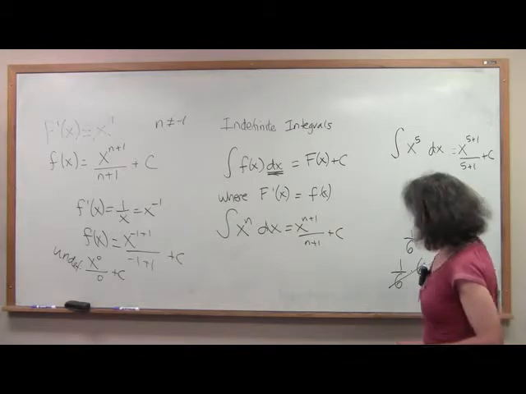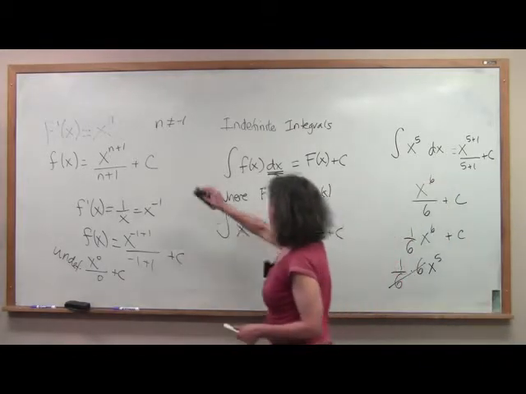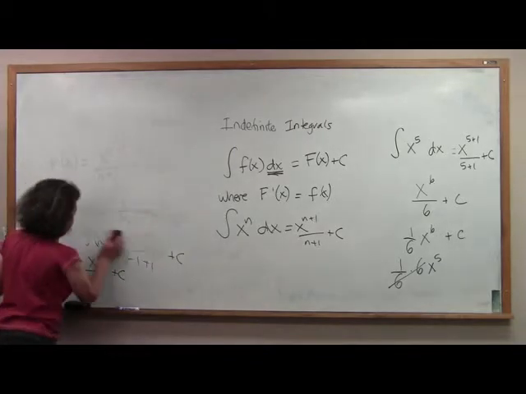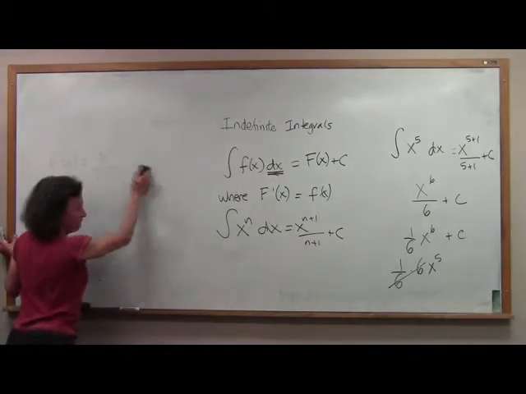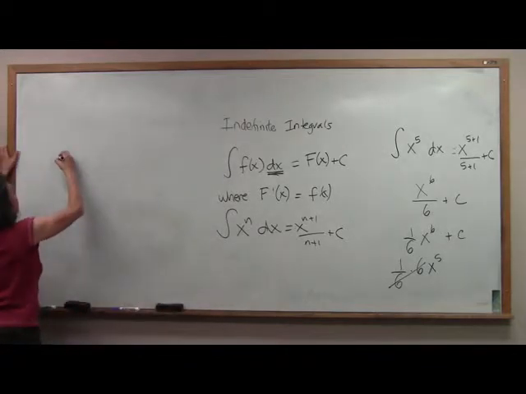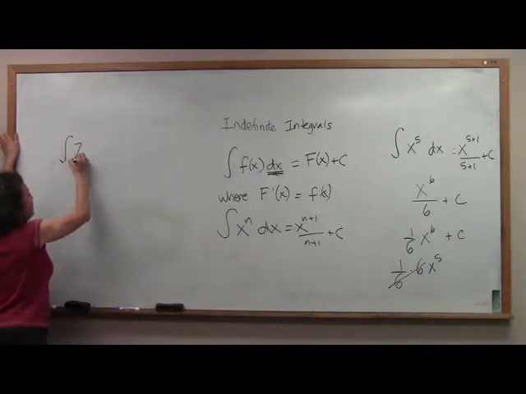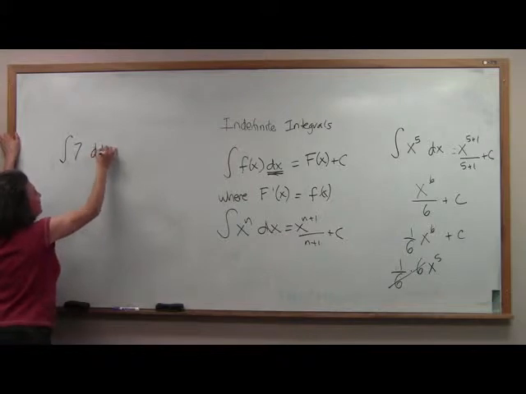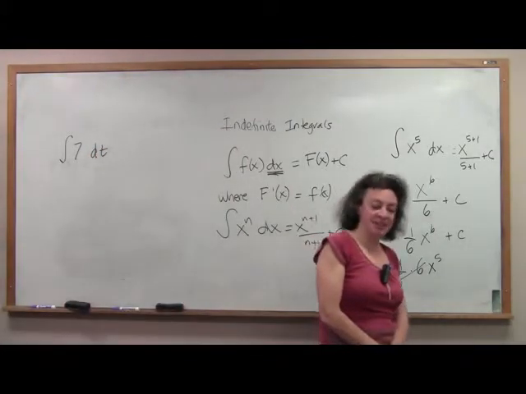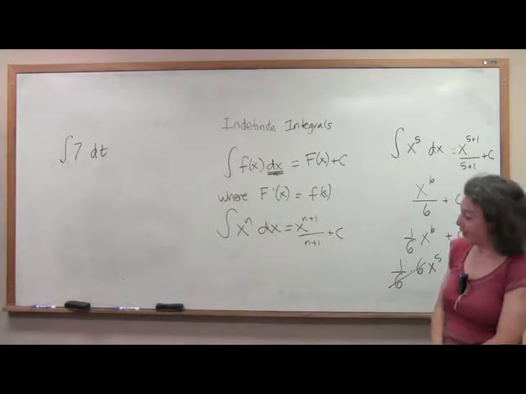So, what if I asked you then, what would be the antiderivative of 7? And just to play around, let's pretend our variable is t instead. You'll see that t comes up very frequently.